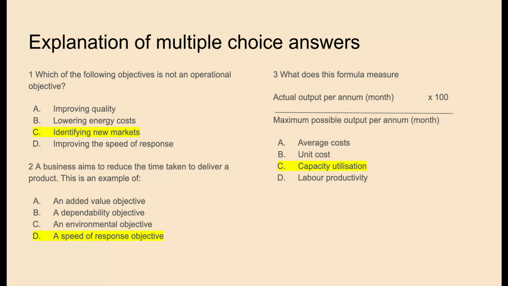Moving on to question 5, which one of these costs would not be a direct consequence of a failure to control quality? Remember, I've got to read the question quite carefully. Prevention costs are not a cost that would be a direct consequence of failure to control quality, but clearly product recall costs would be, a reworking cost would be, and scrappage cost would be.